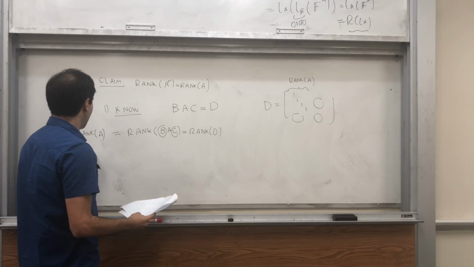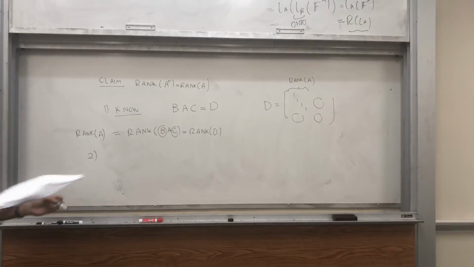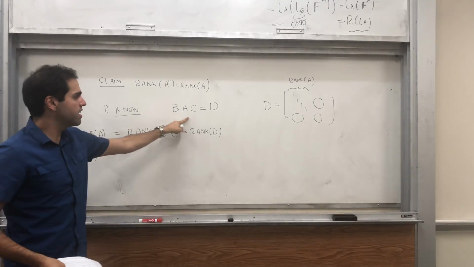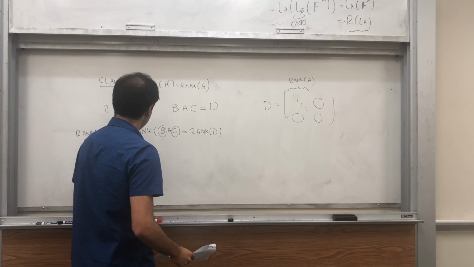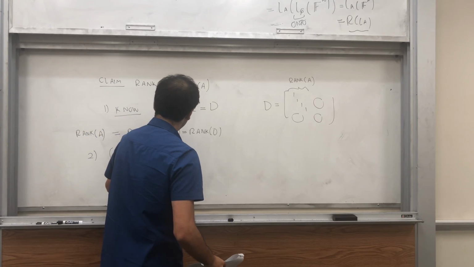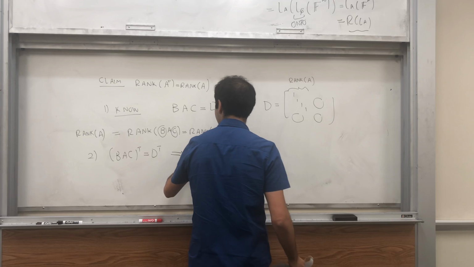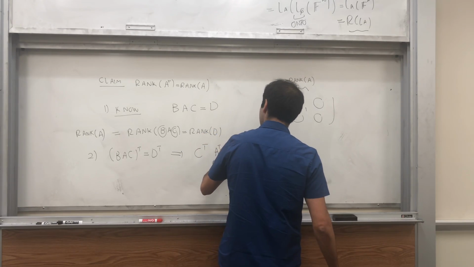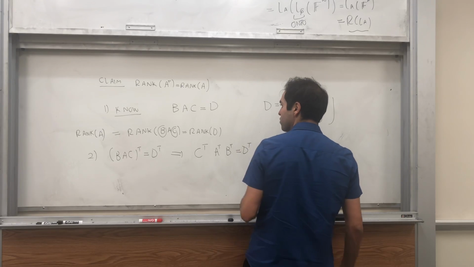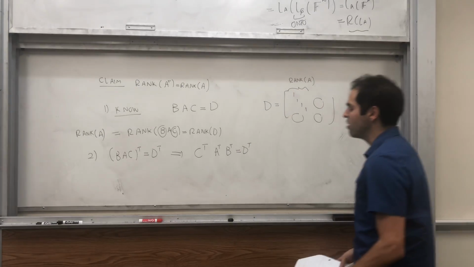And now, how do we get from this part to A transpose? Just take the transpose of this. So (BAC) transpose equals D transpose. And by definition of transpose, that's C transpose, A transpose, B transpose equals D transpose. And then take the rank of that.